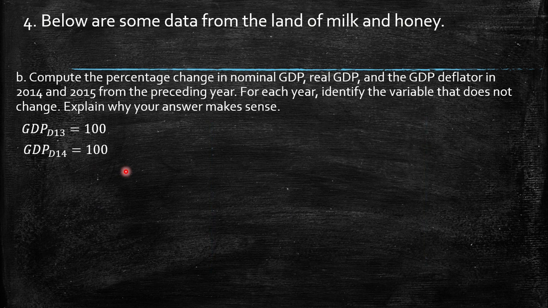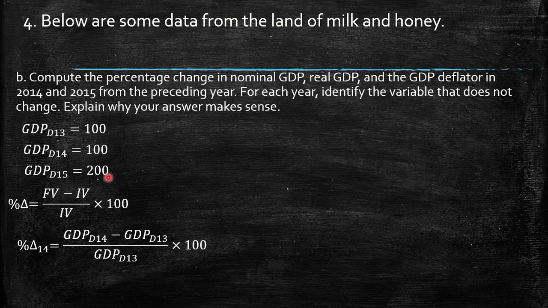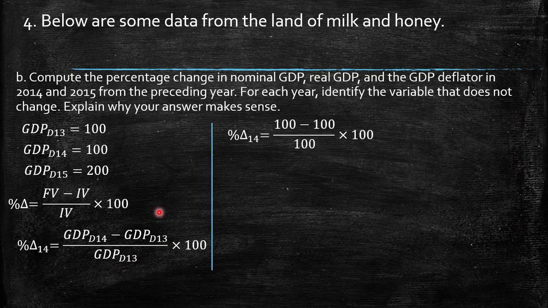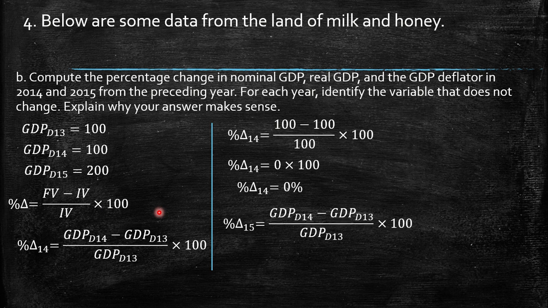So then we're going to move with the deflator that we already computed before, and then for the percentage change for 14, we have 14 minus 13 over 13, but in this case the deflator, so we have 100 minus 100 over 100, naturally. This is 0%. The deflator didn't change at all.